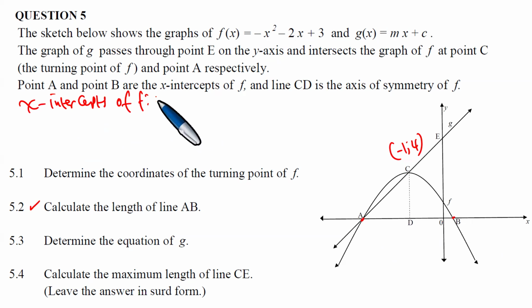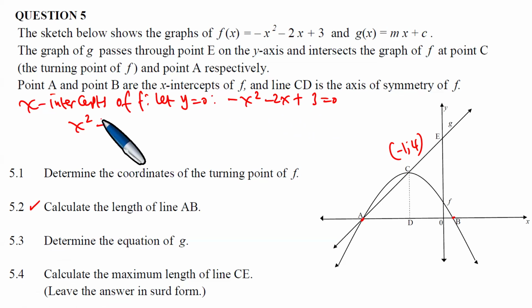How do you find the x-intercept? You let y be 0. If y is equal to 0, you have minus x squared minus 2x plus 3 equals 0.